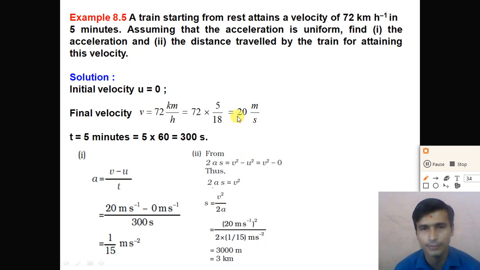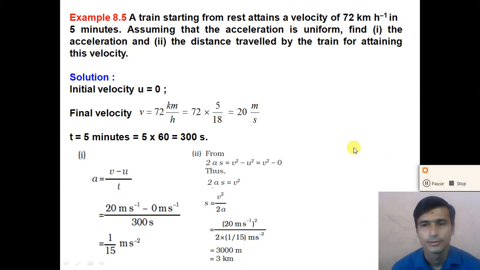Final velocity v is 20, so 20 square divided by 2 multiplied by the acceleration we calculated, 1 divided by 15. 400 divided by 2 multiplied by 1 by 15, we get the answer 3000 meter. That is 3 kilometer, because 1000 meter is 1 kilometer. So understand this example.